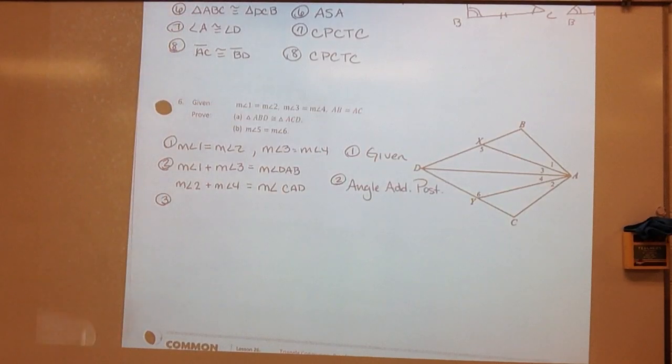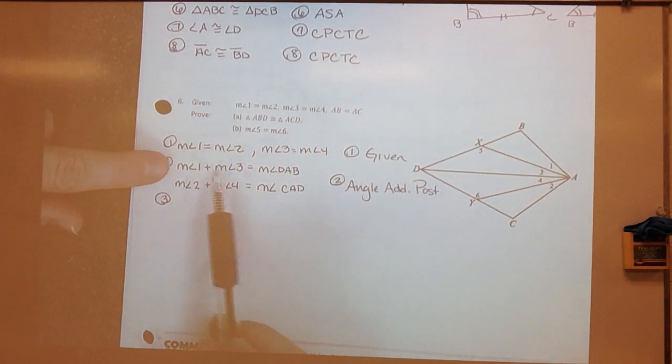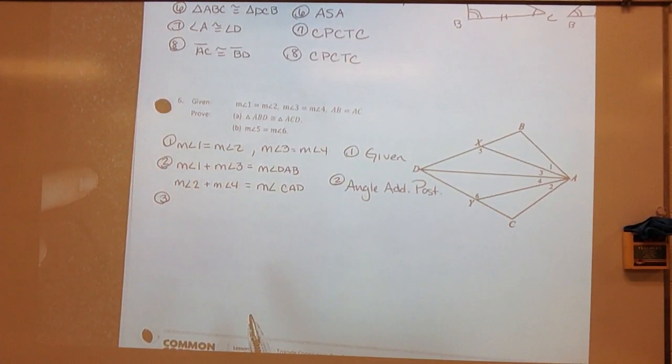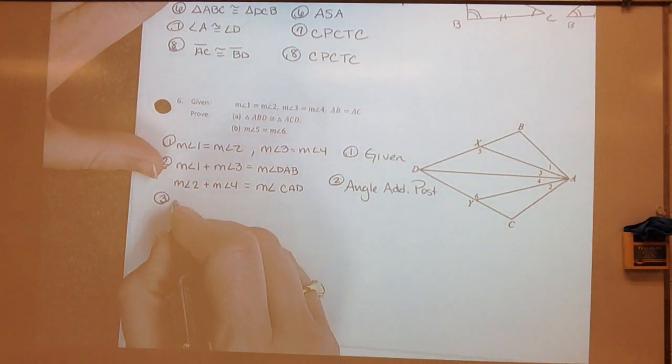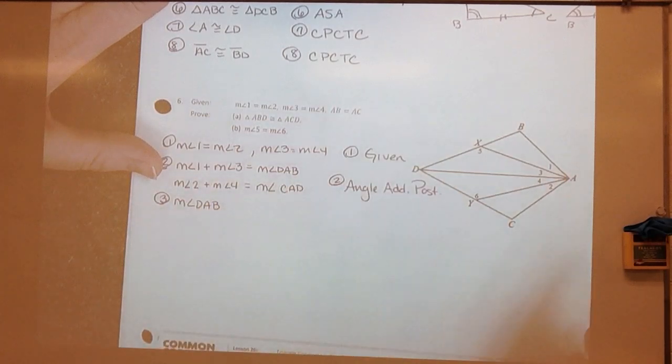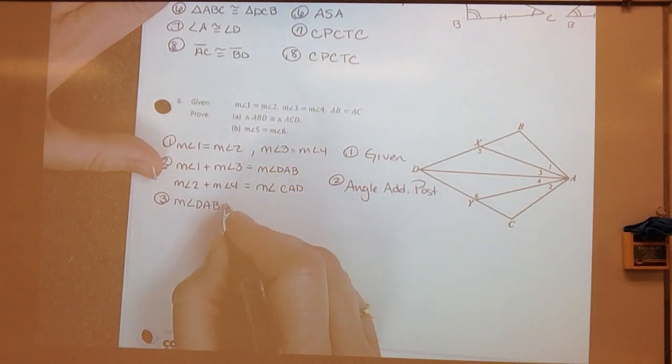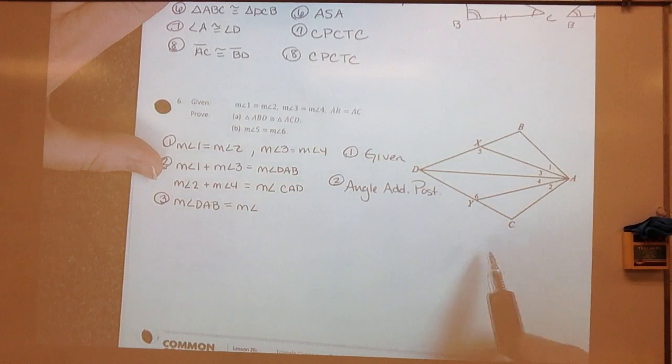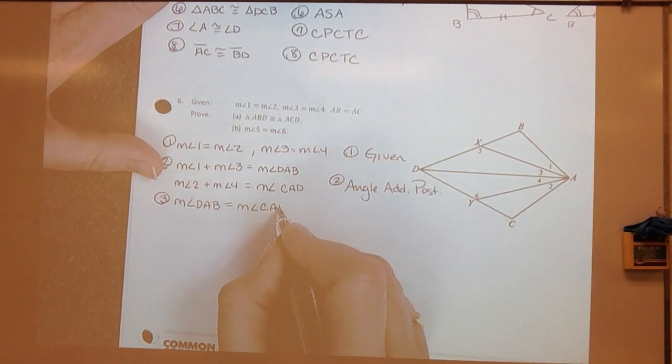So now, since I know that these two statements are true, I can substitute. I can now say that the measure of angle DAB is equal to the measure of angle CAD.